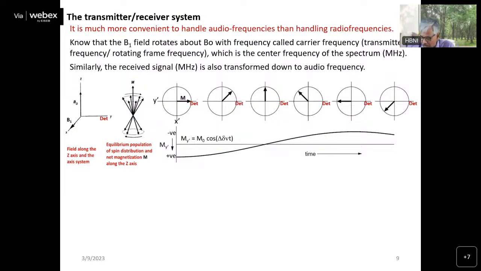The next important component of the NMR spectrometer is the transmitter and receiver system. The transmitter gives you the radio frequency pulse, and the receiver receives the NMR signals. But in NMR we are using megahertz, or radio frequency.